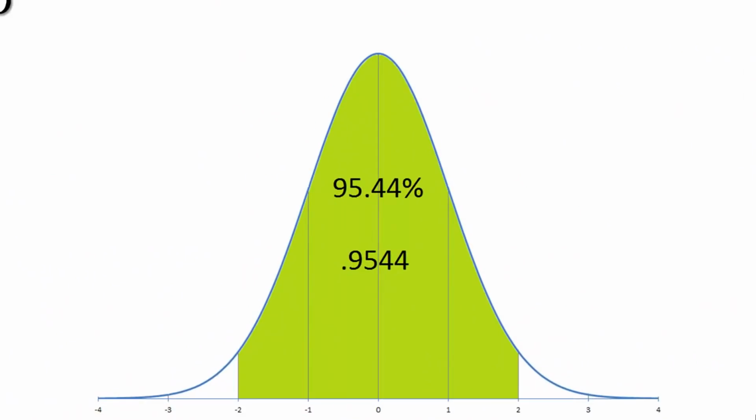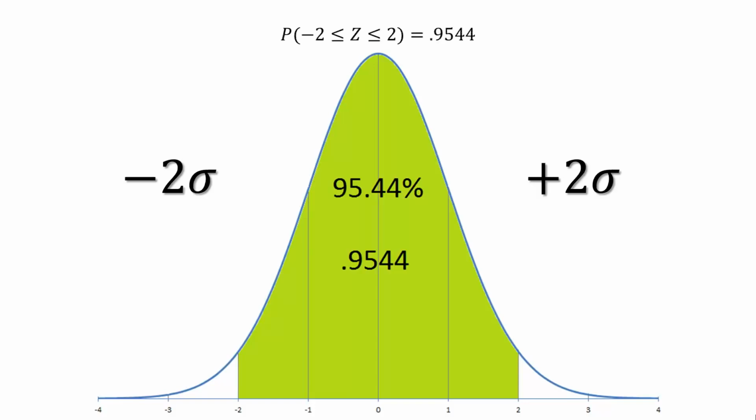Now, how about 2 standard deviations? So -2 on the low end, +2 on the high end. Well, when we add all those up or do some subtraction, we have 0.9544. So the probability of z between -2 and 2 is 0.9544, or 95.44%.